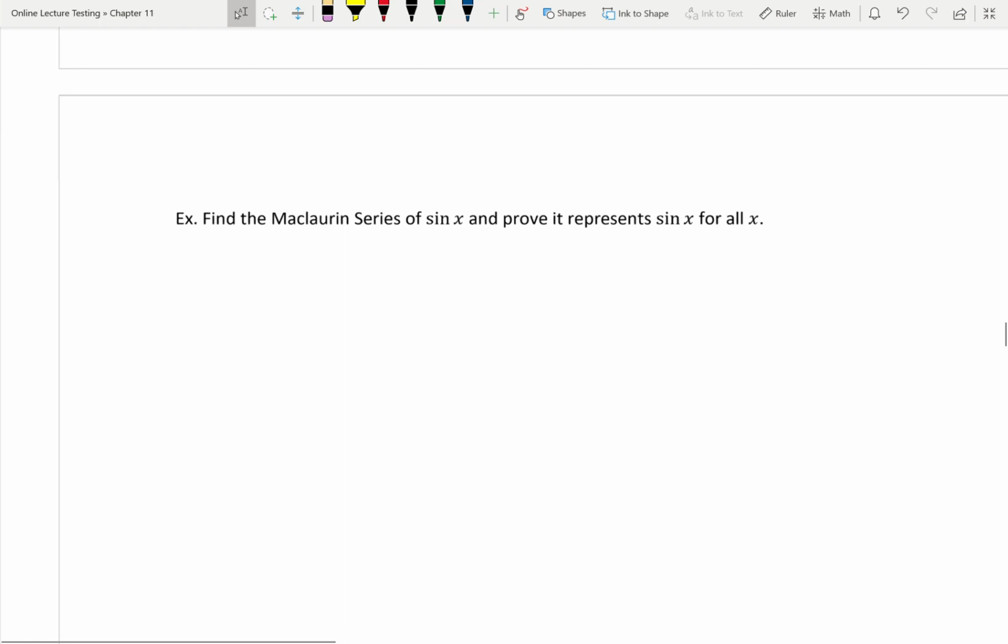All right, so now that we've established that, let's talk about sine of x. Sine of x is just a little bit different beast, but it still works out really nicely. I want to prove this, so this is going to have all the parts to it.